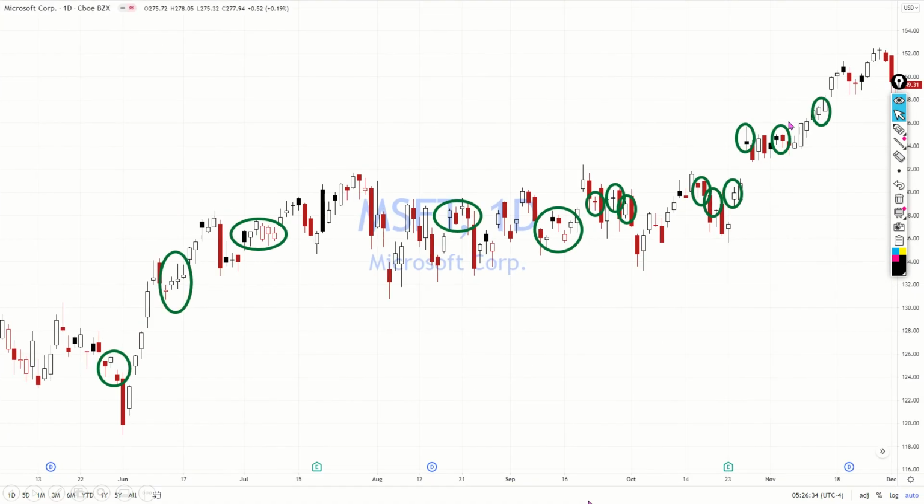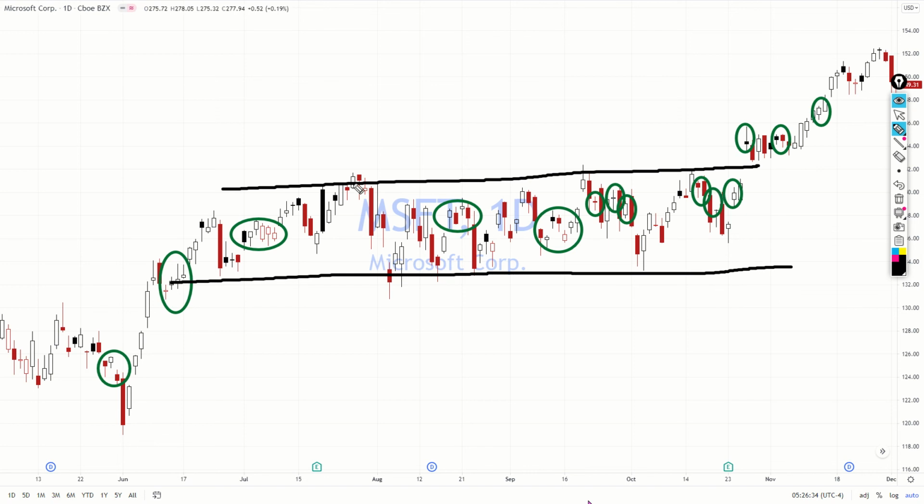Now, they appear in charts. Let's say this is Microsoft, and they appear in ranges where the price is ranging, which we call consolidation, and they are very small relative to regular candles, twice or three times smaller.